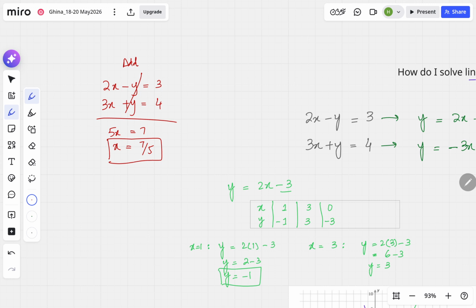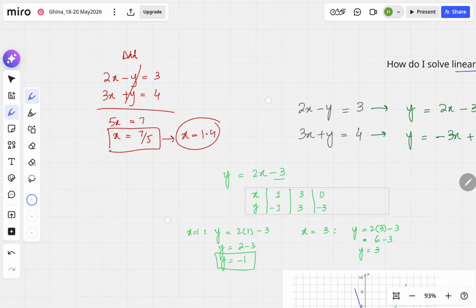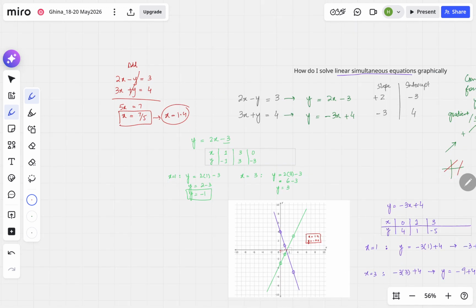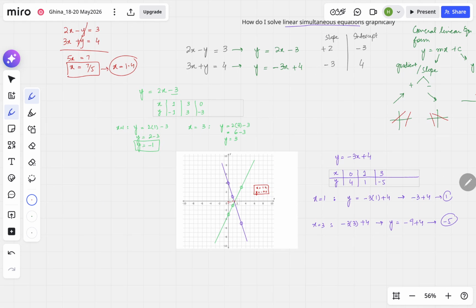If you convert this 7 over 5 into a decimal, the calculator gives you 1.4, and this is exactly the value of x that I have found over here.